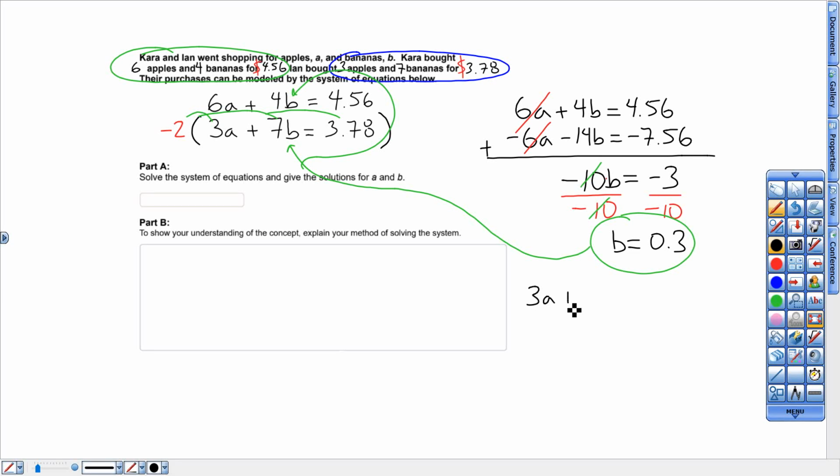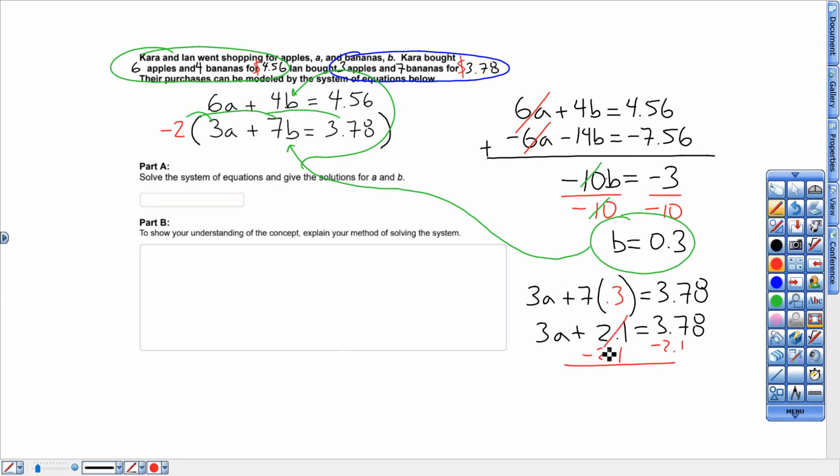But that 7B, where that B is, I'm going to plug in 0.3 and do the math to solve for my other half, which is A. And then that stays 3.78. That gives me 3A plus, and then with my calculator, 7 times 0.3 gives me 2.1. Take away 2.1 on both sides using the calculator.